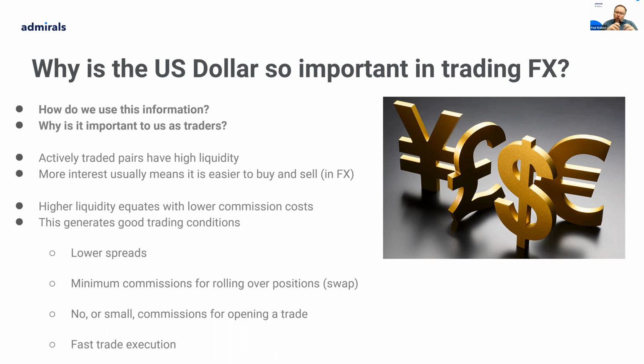So actively traded pairs tend to have high liquidity, which we'll explain a bit more in a slide or two's time. Also, those very actively traded pairs have more interest because it usually means it's easier to buy and sell in the FX markets. High liquidity also tends to equate with lower commission costs, and that helps generate good trading conditions.